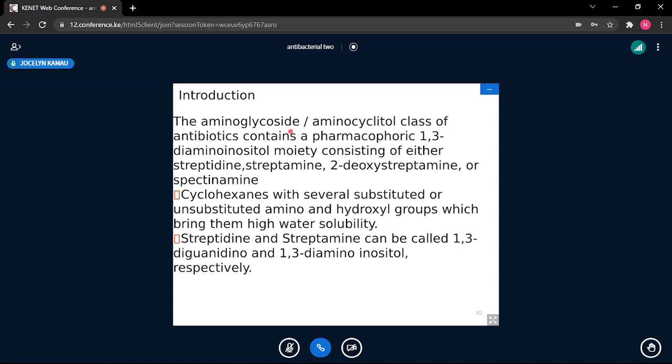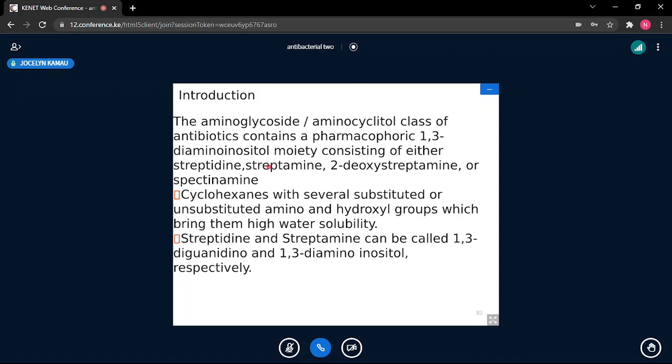You can see it's a cyclohexane. So it has 6 carbon atoms, cyclic, all joined together. At different positions, it has amino groups, and it can also have hydroxyl groups.